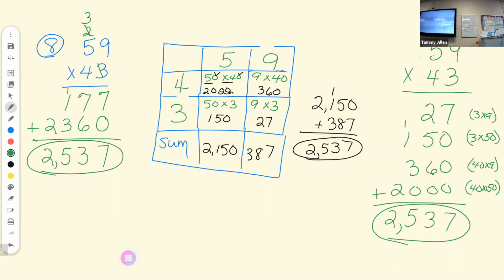Okay? All right? Questions on any of this method? Are we allowed to do just the one way that you did? You're going to practice all 3 ways. Questions? Does this one make sense?